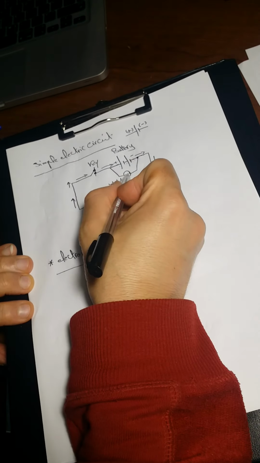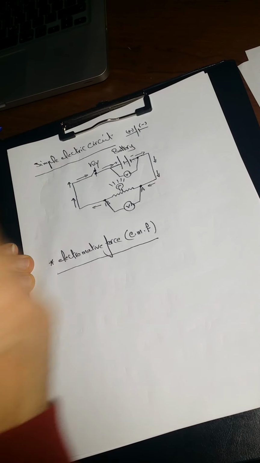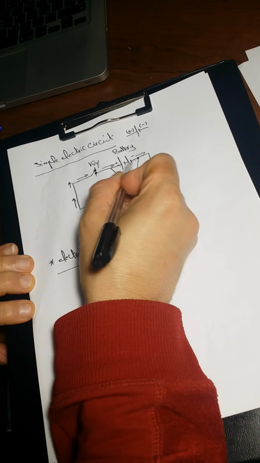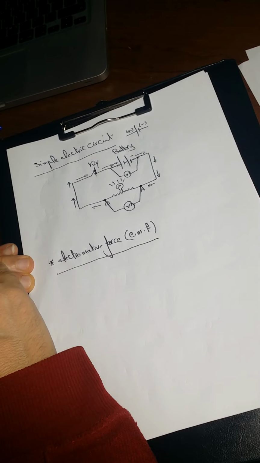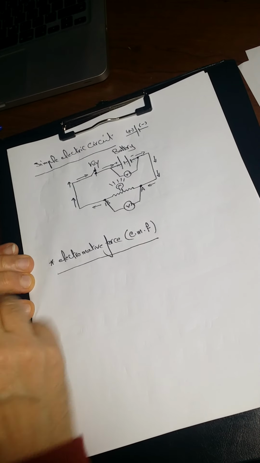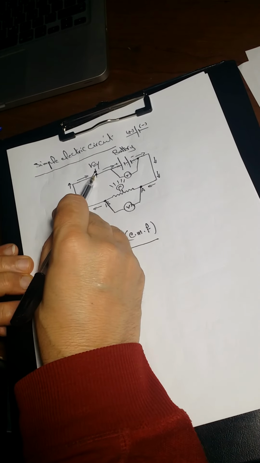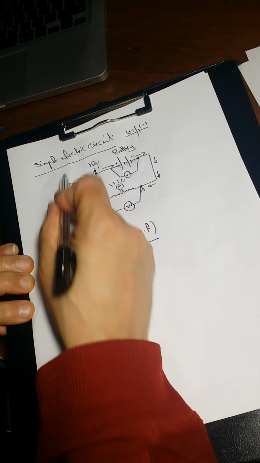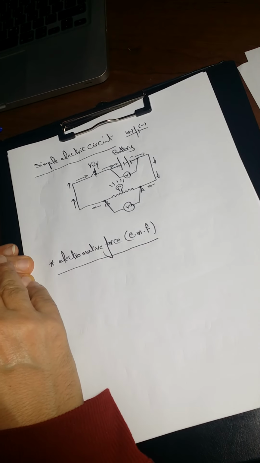What is meant by the electromotive force? Actually, the electromotive force, it is the potential difference, but the potential difference between the two poles of the battery, in one condition, when the circuit is open. It means when there is no electric current passes through the circuit.